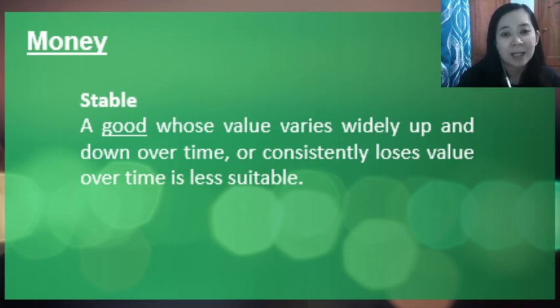But the value of that is still the same. So a good whose value varies widely up and down over time or constantly loses its value is less suitable. That's why our money has its exact value printed on it.